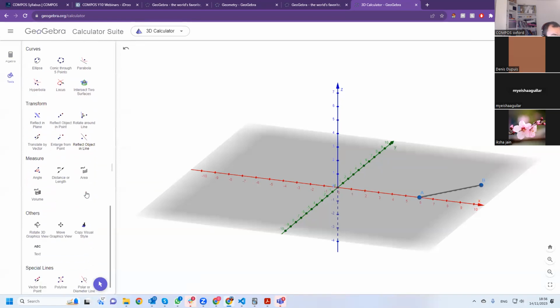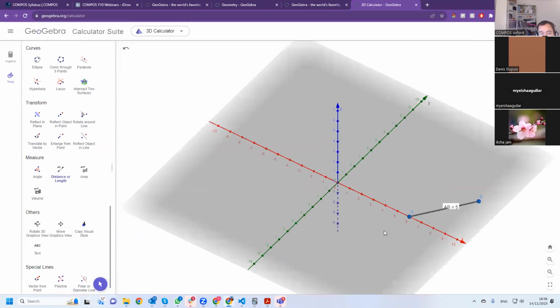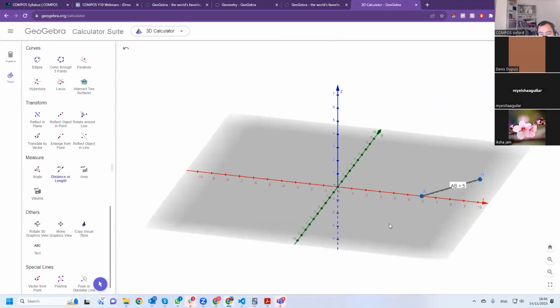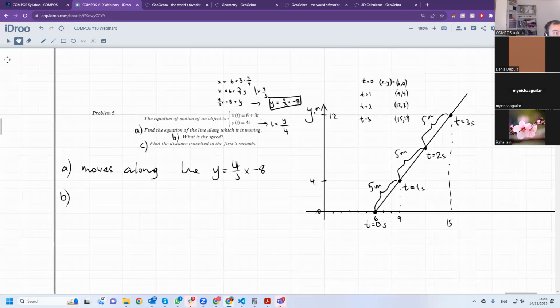The distance or length is 5 meters. So it travels 5 meters. And then it travels another 5 meters. So the speed is 5 meters per second.